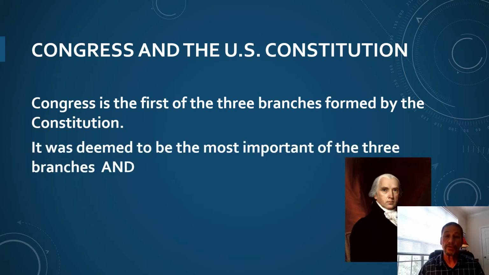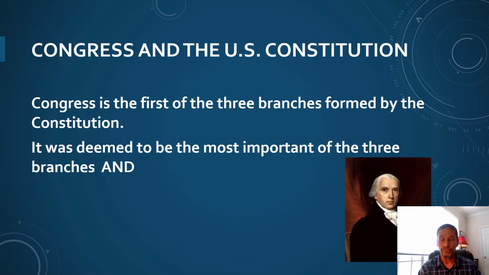So it was deemed to be the most important of the three branches. That's why it's named first. In fact, if you go to some of the writings of James Madison, who is considered the architect of the U.S. Constitution, in the Federalist Papers, you may recall what that is, it's very clear that James Madison says that a democratic republic is a representative form of democracy, not direct democracy.